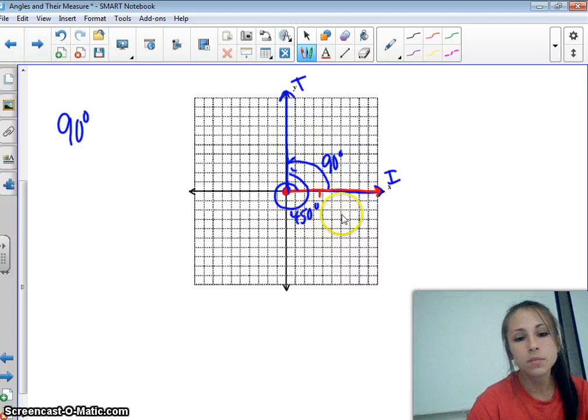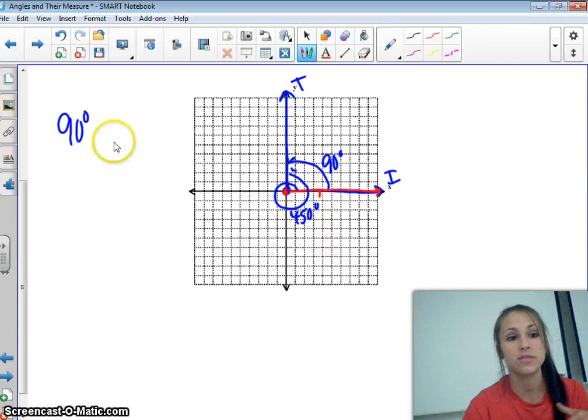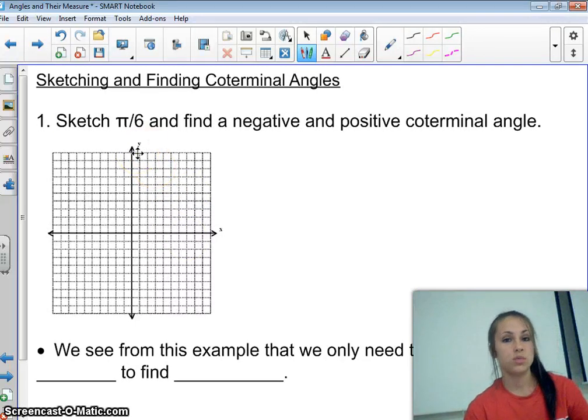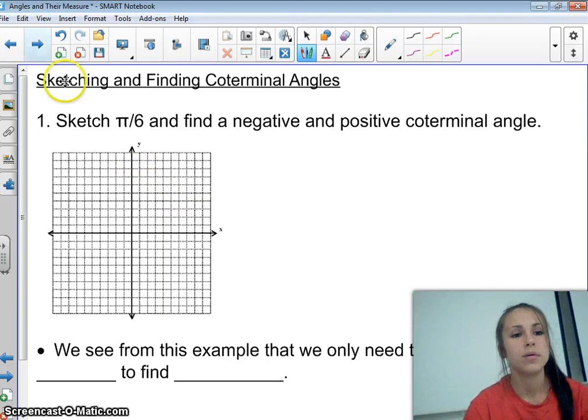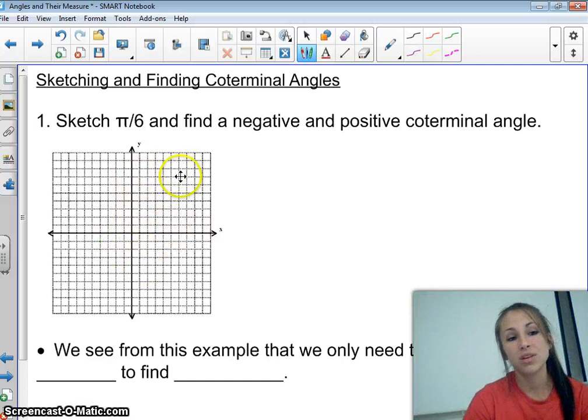All right. So we can see from this example that we're either going to add 360 or subtract 360 to find coterminal angles. And you can do that really easily with degrees, so I'm not going to do a whole lot of examples with that. But it may be a little harder to do it with radians. So I'm going to do this one with you, and we already saw what we needed to do from the last example, so I'm not going to look at the graphs on this one because you don't really need to look at the graphs to find coterminal angles.